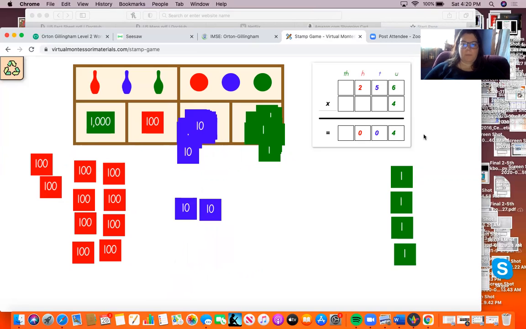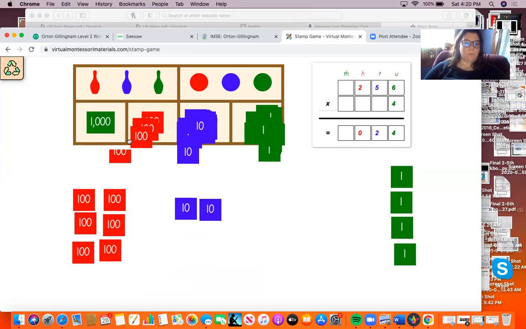So again, on your paper, so we have 2 10s, and we could write a 2 up here above the hundreds place. So we have 200 that we're multiplying by 4. So 200, 400, 600, 800. And then we're adding these. So we have 800, 900, 1000. So we need to regroup our 1000s for 1000.